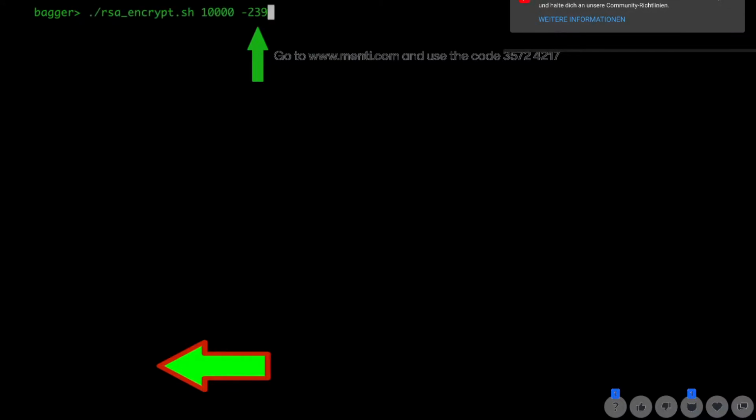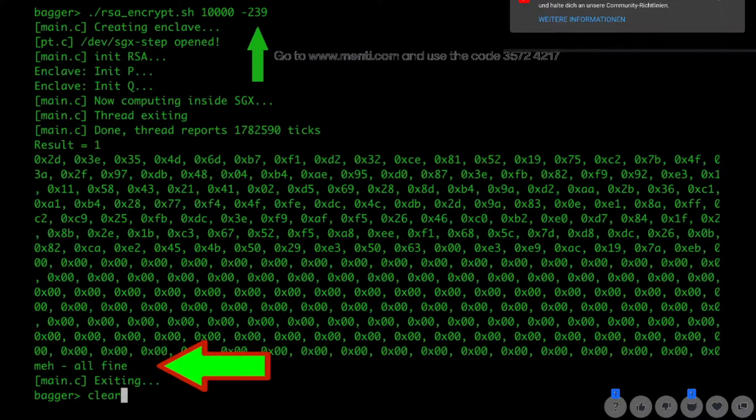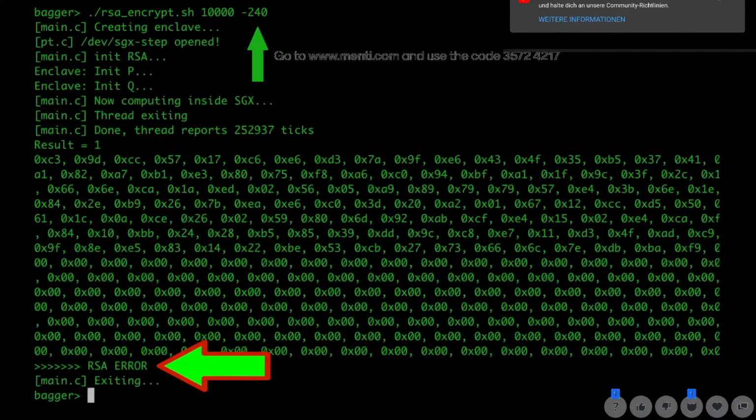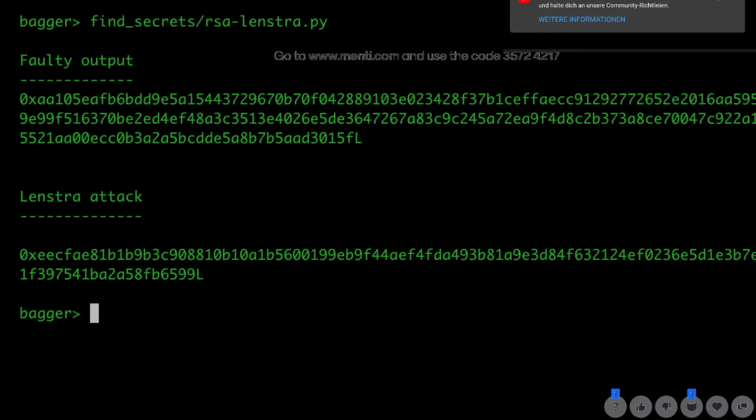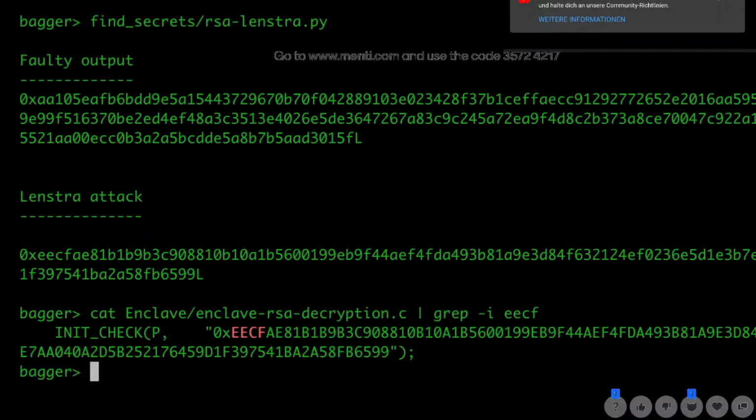So we have now undervolted this with minus 239 millivolts. And of course, we can do this in software, but we could also do this in hardware. Undervolting minus 240 millivolts, we see an RSA error, and then we run a Lenstra attack or Bellcore attack, and we see that it recovers from the faulty output and the correct output the secret key, and we can see here the private key P that we have recovered.